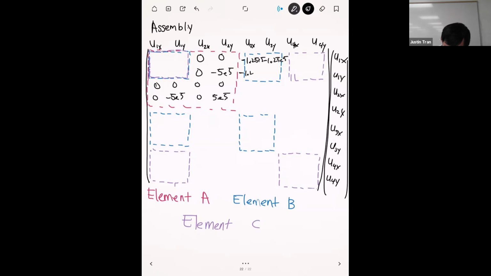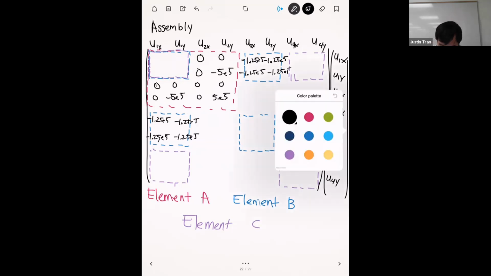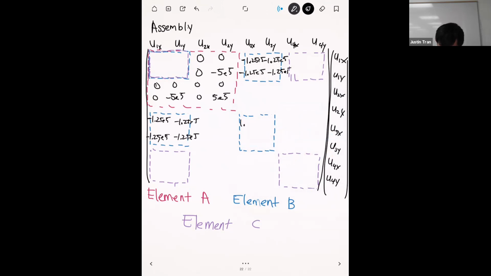Minus 1.25 E5, minus 1.25 E5. Okay. And then same thing over here. And then same thing right here, but these ones are positive.